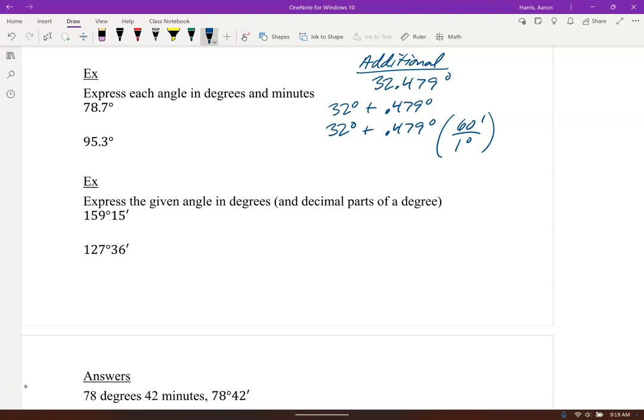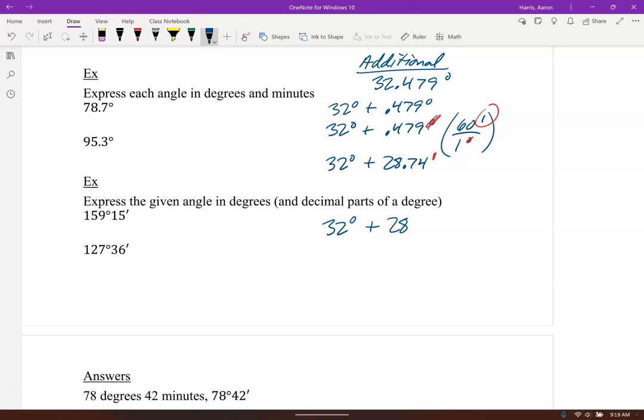So I have 0.479 times 60. That gives me 28.74. Oh, I'm sorry, my degrees cancel here. I'm in minutes. This is minutes.